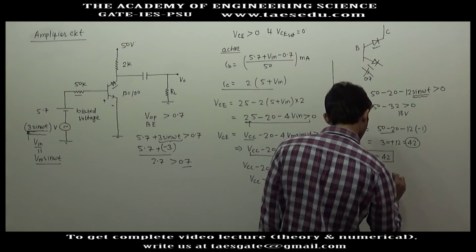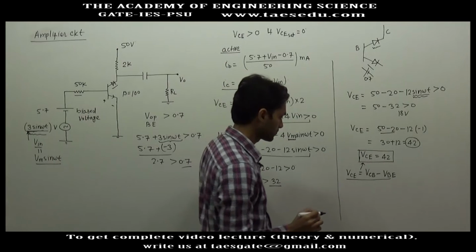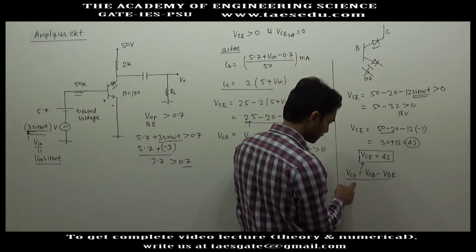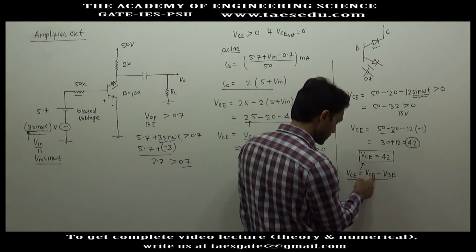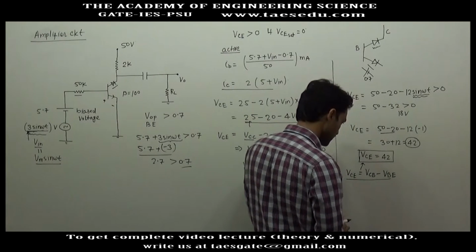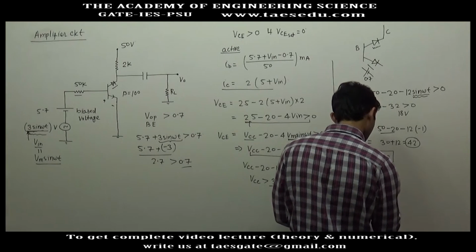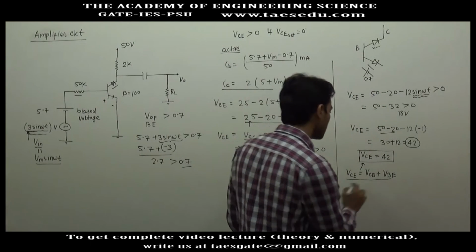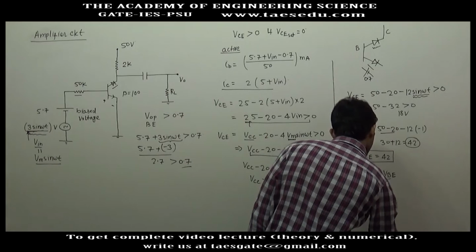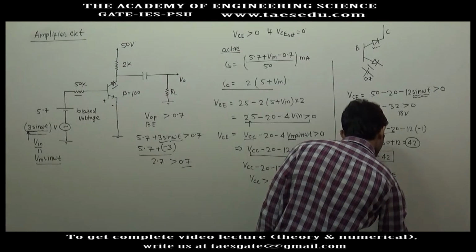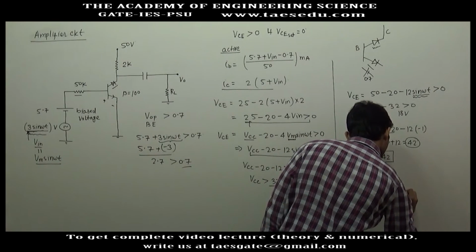I have already derived this expression. VCB will be VC minus VB, plus VBE will be VB minus VE.